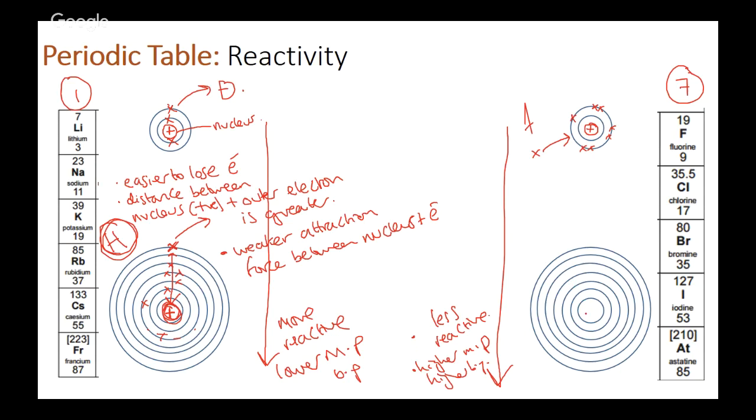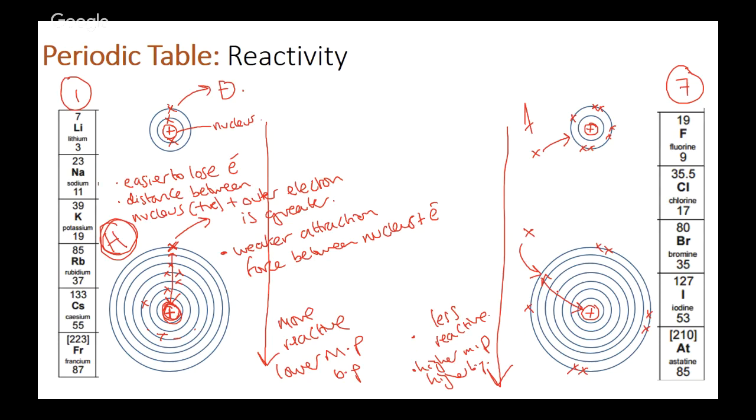When you've got a larger atom, with 7 electrons on the outer shell, you want to gain one more. However, it's less reactive because it's much more difficult to gain that extra electron, because it's further away from the nucleus and there is a weaker force of attraction.